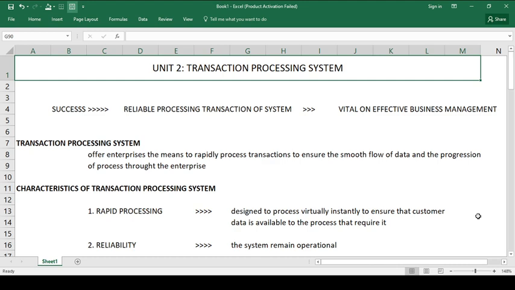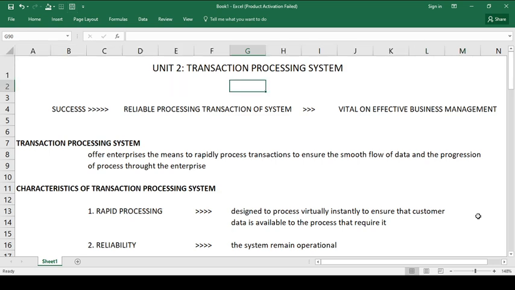What is a transaction processing system? Well, a transaction processing system offers enterprises the means to rapidly process transactions to ensure the smooth flow of data and the progression of process throughout the enterprise.